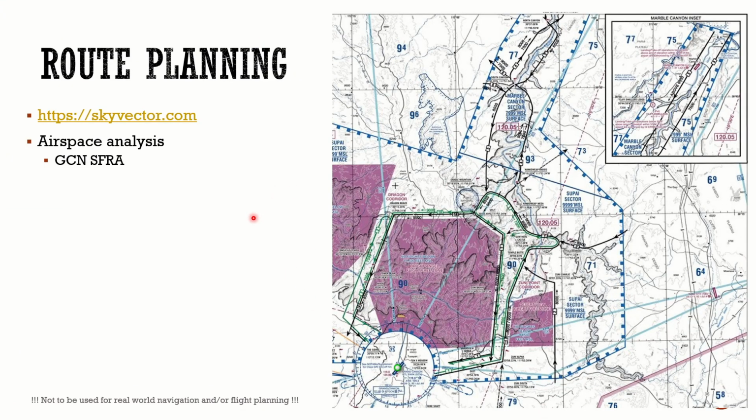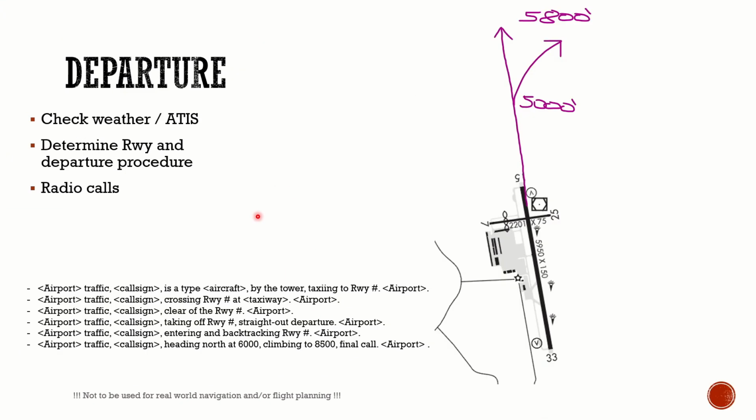So that's this, and the rest of the planning is kind of vanilla. It's the same as always. So we're going to depart, and if I'm not mistaken, runway 33 is still favorite. Well, we have like 3 or 4 knots of wind, so it really doesn't matter that much.